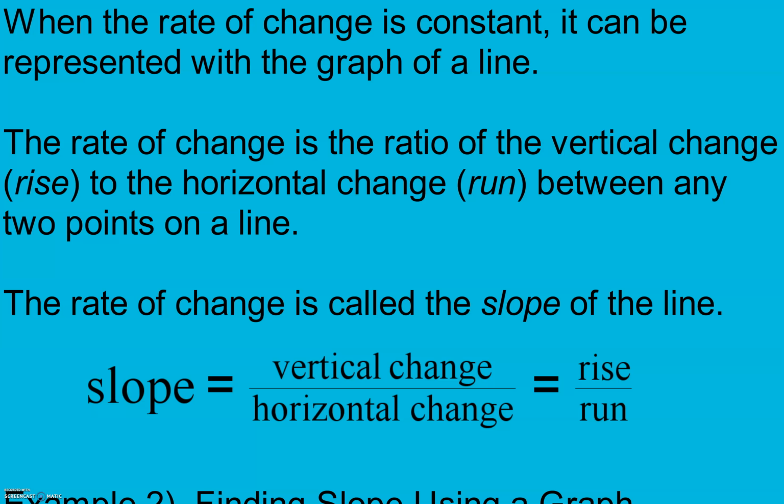Our vertical change, our rise, we get by comparing our y's, our outputs. Our horizontal change compares our x's. It's our run. So it's our change in y's over our change in x's. Rise over run is like y's over x's.